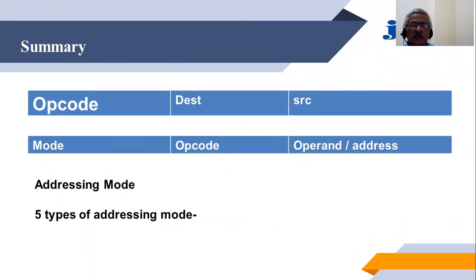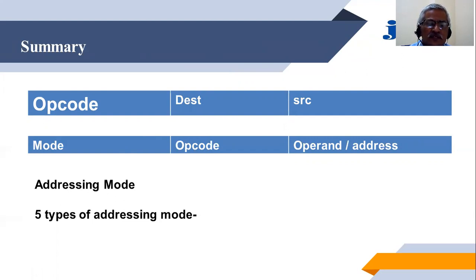Finally, to summarize what we have discussed in this class: an instruction broadly contains three parts, the operation code, the destination, and the source addresses, or references to them. The instruction belongs to a different addressing mode. So when we look at an instruction, we can tell to which addressing mode it belongs.